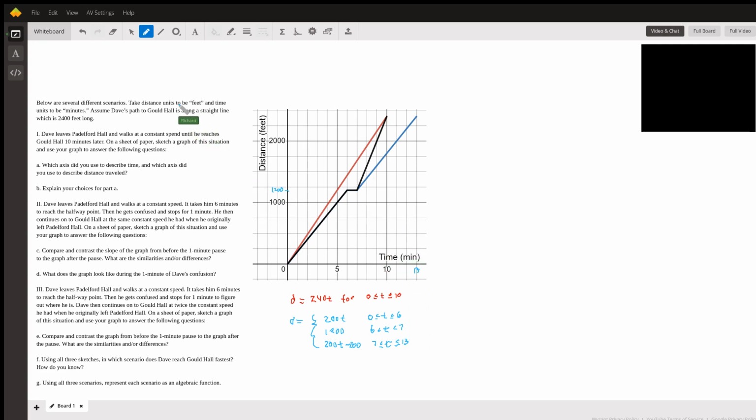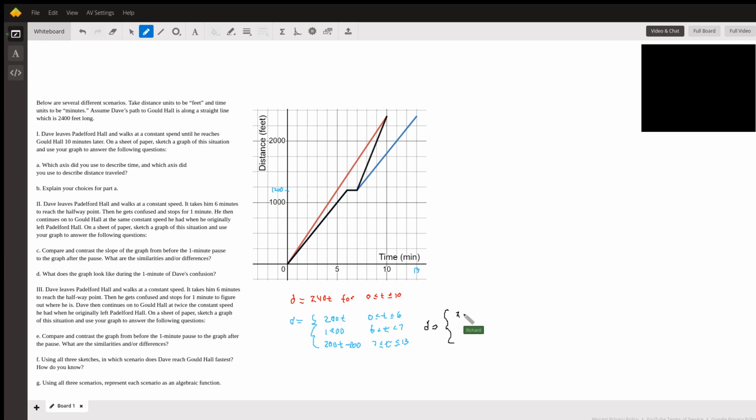Okay, and then the last one is black. Black looks the same here, so I'm just going to put it in. Okay, so D here is going to be exactly the same.